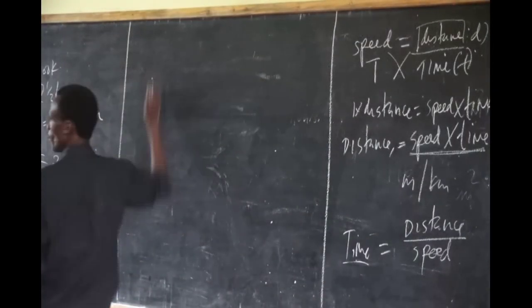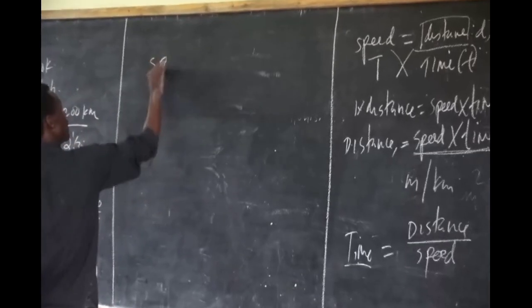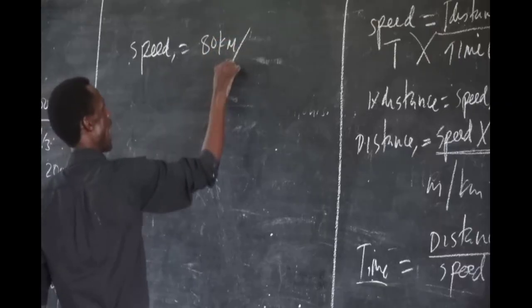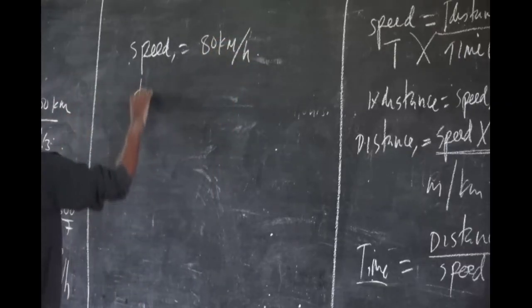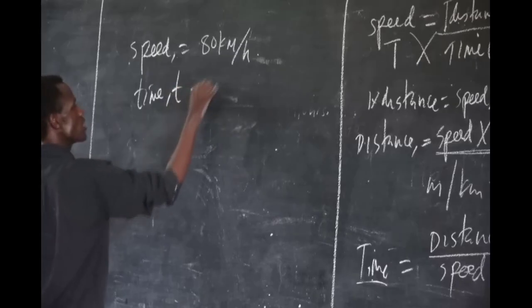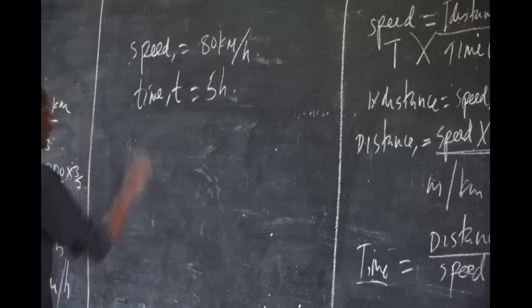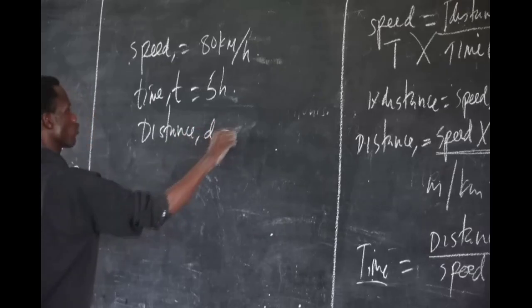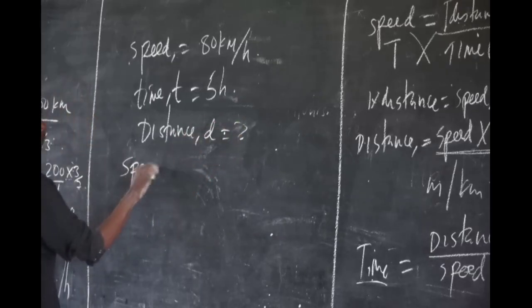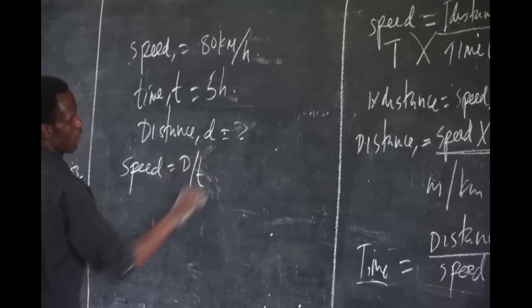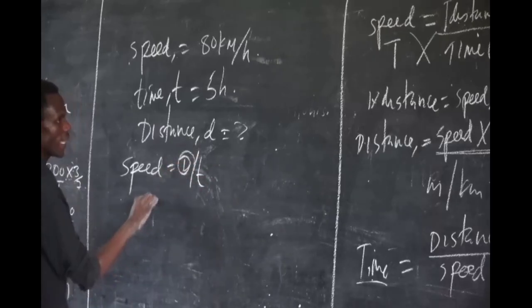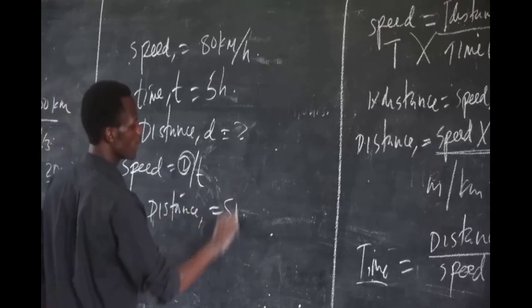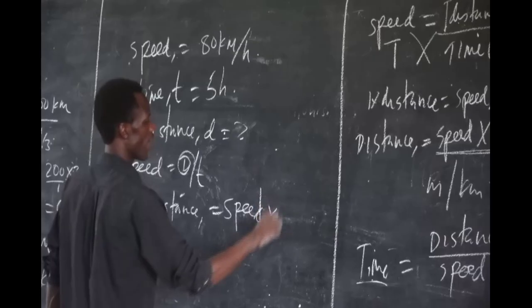Now, we know what we've been given from the question, we just have speed, which is equal to 80 kilometers per hour. Then, we just have time, T, which is equal to 5 hours. Now the question is to find out the distance. Remember we have said speed is equal to distance over time. But distance, we said earlier, is equal to speed times time.